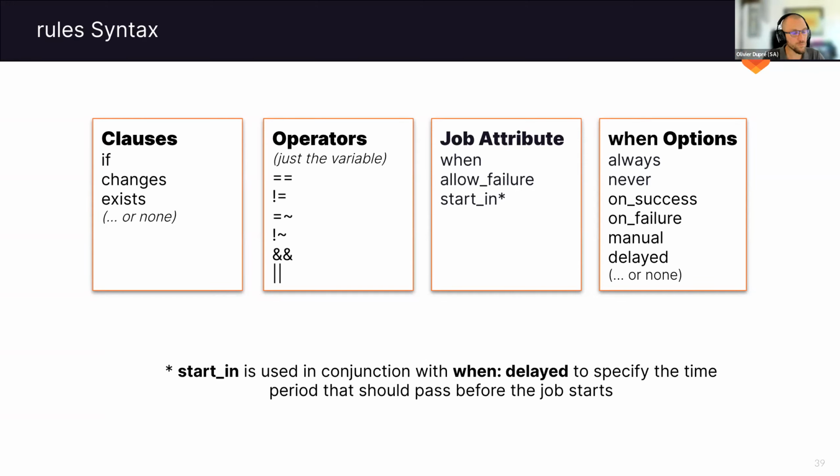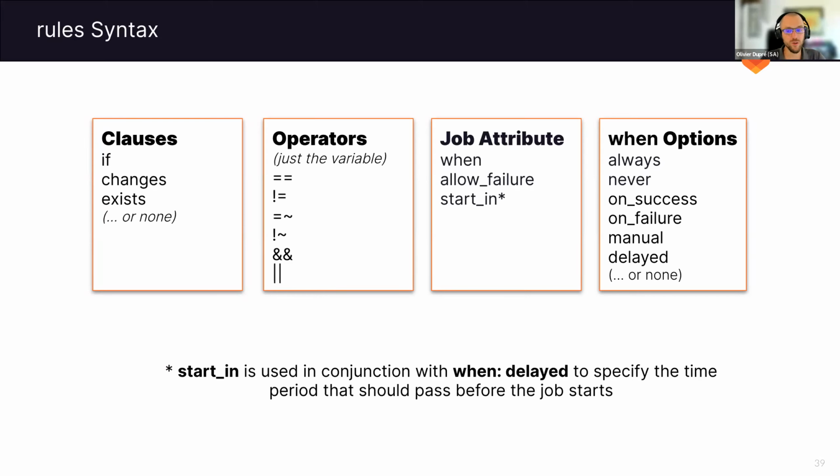So you can have a clause with the if or changes or exists to define when to trigger a job. It will trigger if something, or if some changes, or if a file exists. Okay, you will use some operators to define if it's okay or not okay. Basically, these are the shell operators, very basic ones.